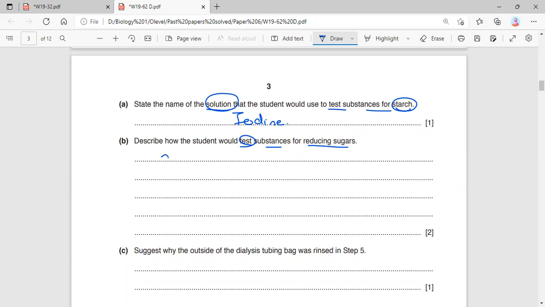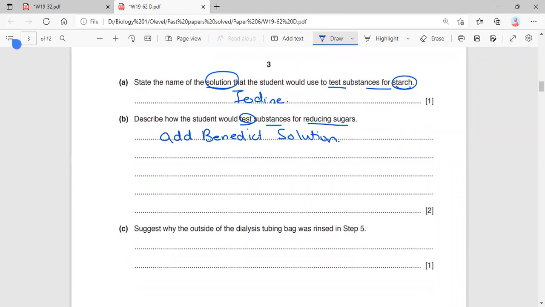Benedict test, add Benedict solution. And then what's the second step after you add Benedict? What must I do after? Heat in water bath. Of course, if the result is positive, it will change to red.